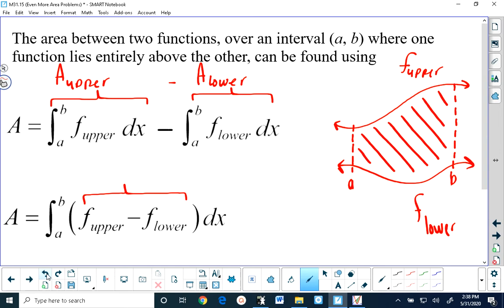So this is the difference of the integrands. It's always going to be the upper function minus the lower function.